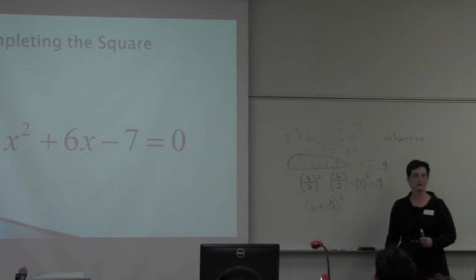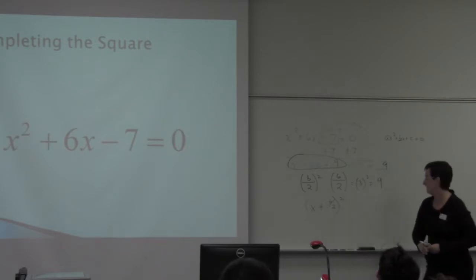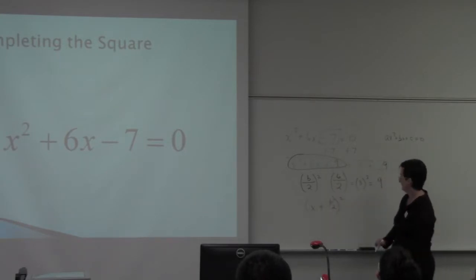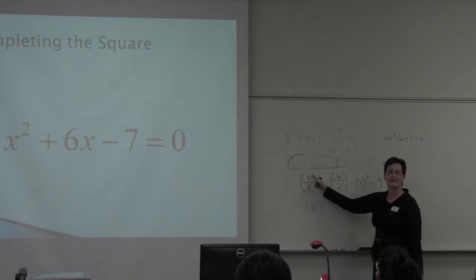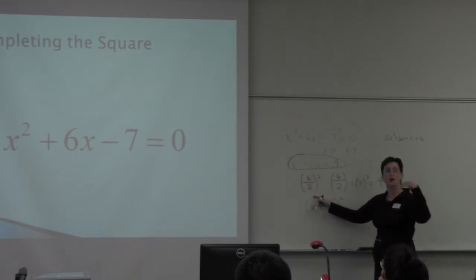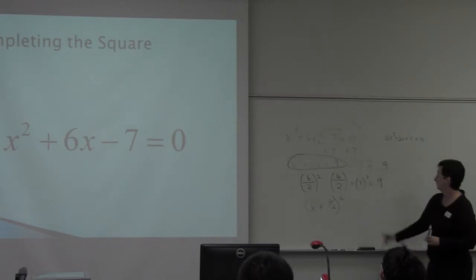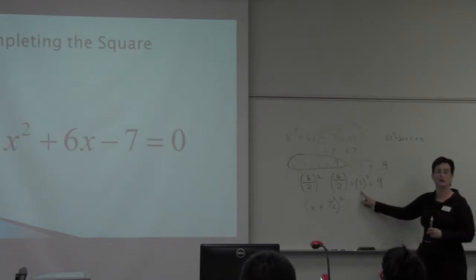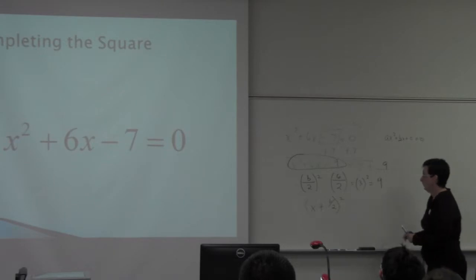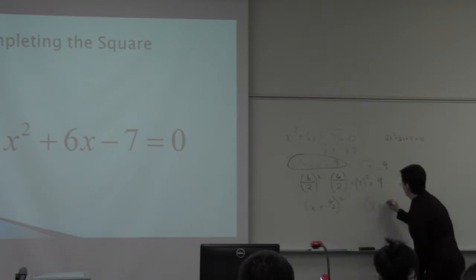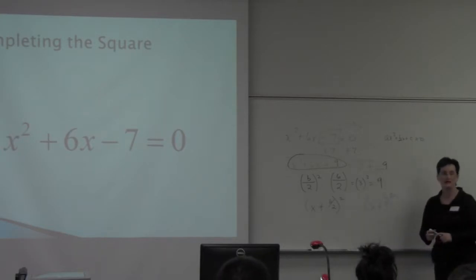This always works every single time. So it is always x plus b over 2. What is b over 2? b over 2 is what was inside the parentheses before you squared it. So what was inside the parentheses before you squared it? 3. So what you have created is x plus 3 squared.